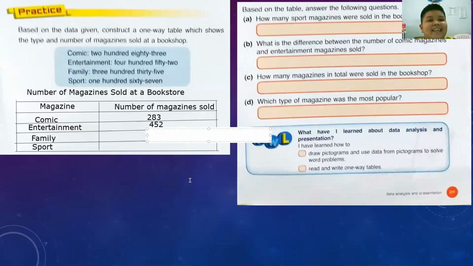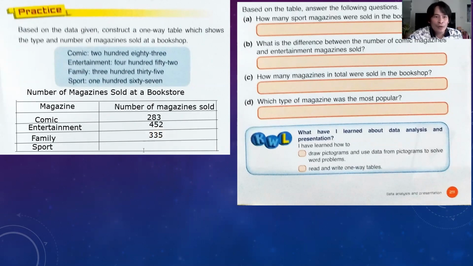Easy breezy. 335. Okay, and then next, 167. So if you are done with this, you are going to check like this.